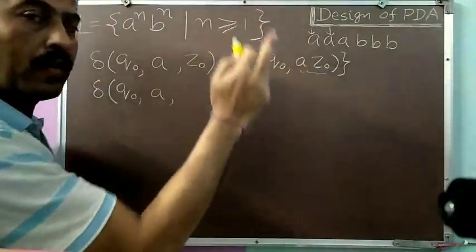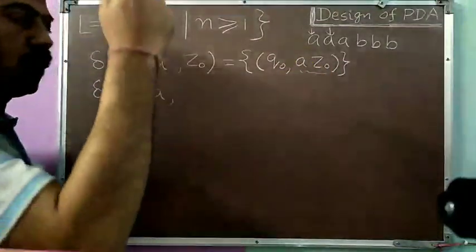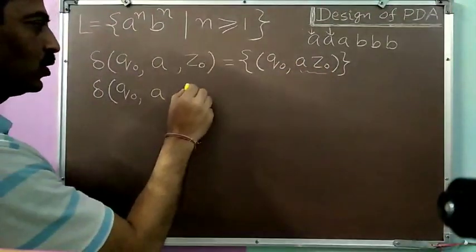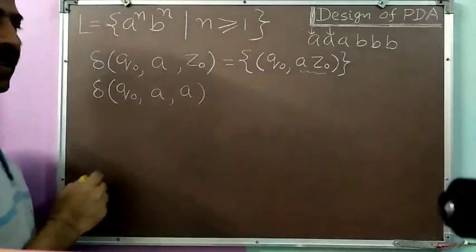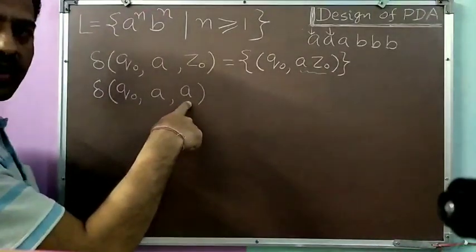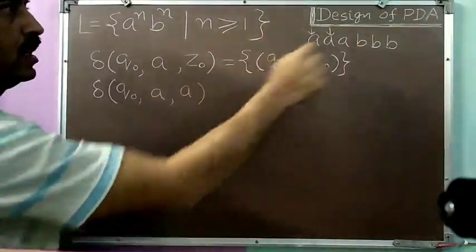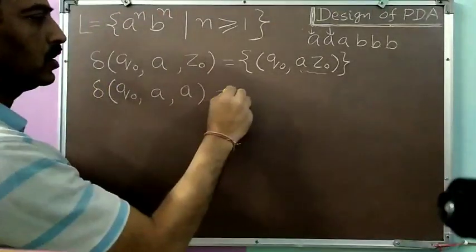So now the top of the pushdown store is A. So this is the situation: Q0, A, A. Q0 is our current state, on the top of the pushdown store we have the symbol A, and in the input we are getting an A.